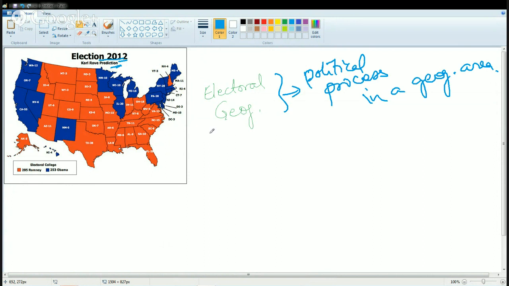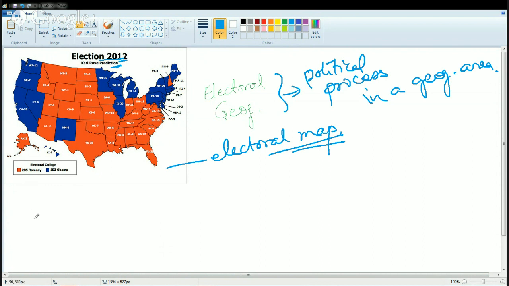So the map I am showing here is what is known as an electoral map. This map gives an idea about the various districts and the regions of any country. So in political geography, electoral geography is a main component that we need to study.